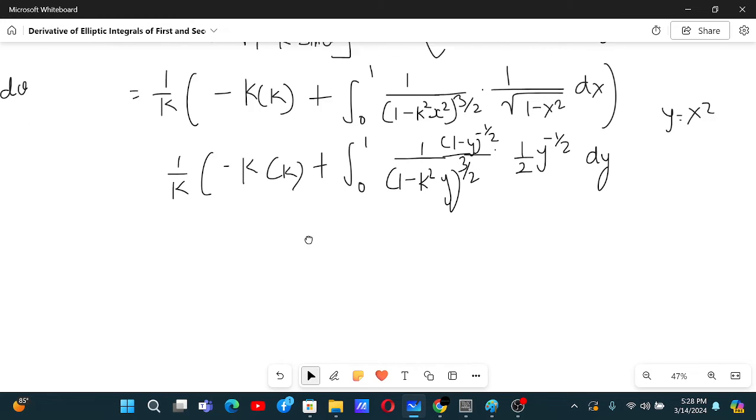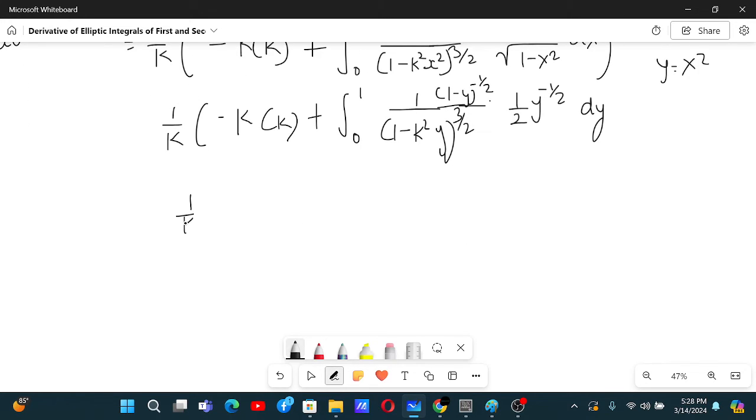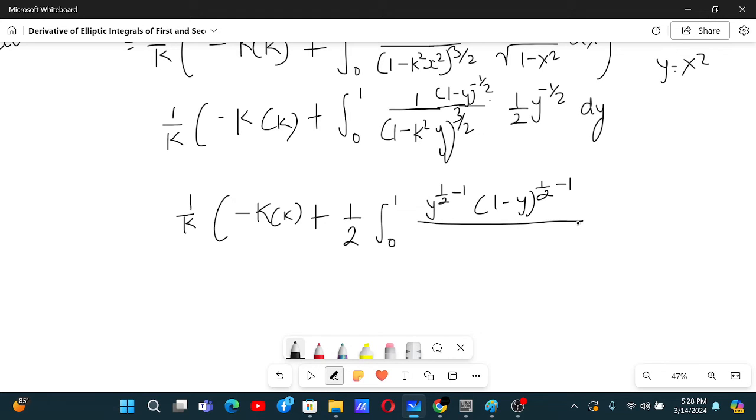Now next is 1 by k, and this is minus K of k, plus 1 by 2, which we can take outside, integral from 0 to 1 of y to the power 1 by 2 minus 1, 1 minus y to the power 1 by 2 minus 1, over 1 minus y times k square to the power 3 by 2 dy.